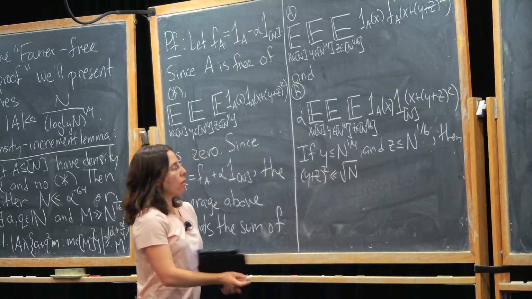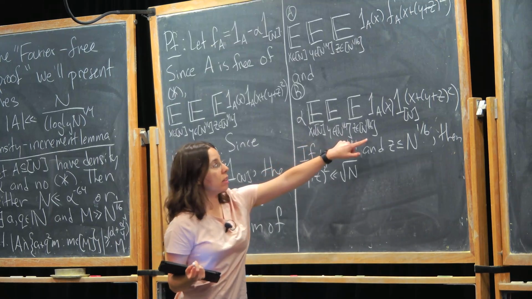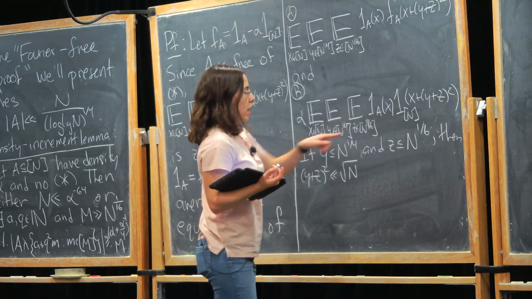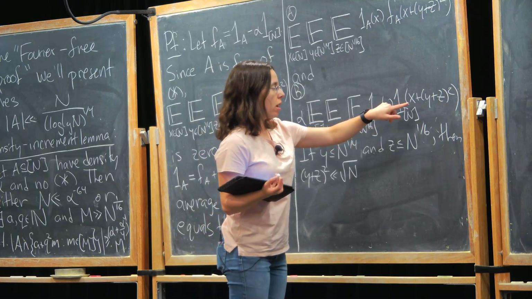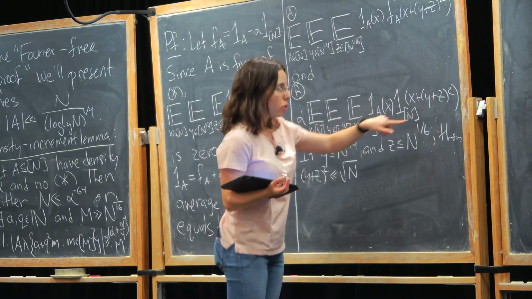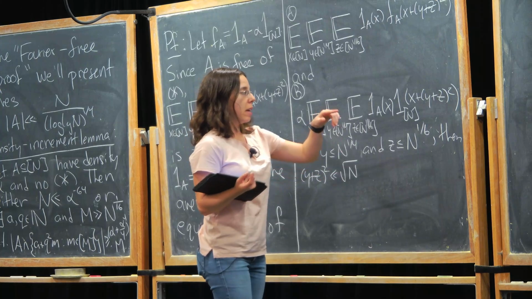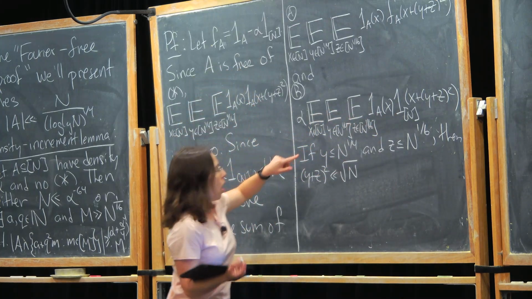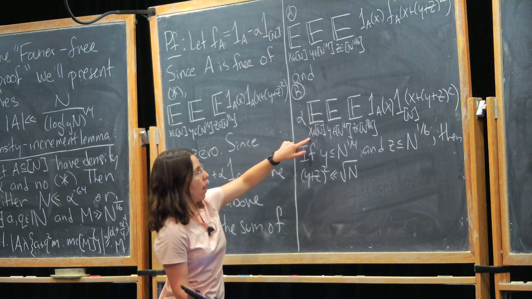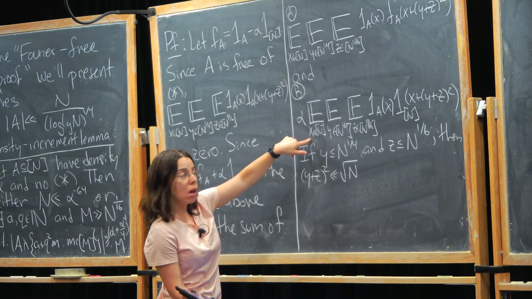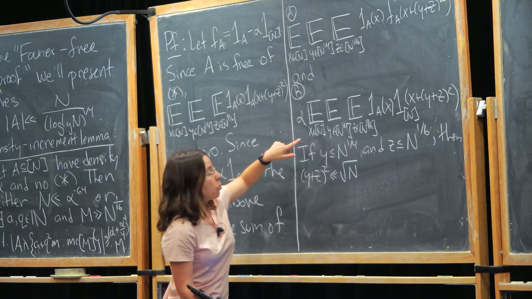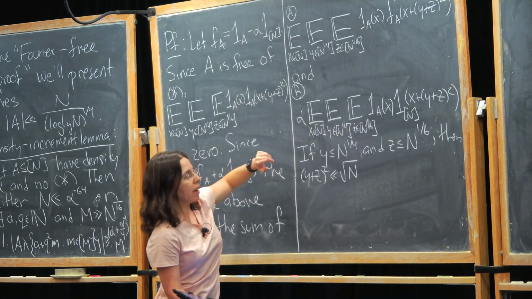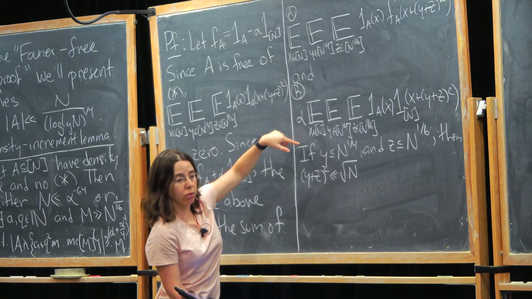That means for any fixed y and z in these intervals, the value of this indicator function at x plus y plus z squared is not equal to 1, so it's equal to 0, for only on the order of at most square root of n choices of x. So the contribution of those choices to this average is bounded above by big O of 1 over square root of n.